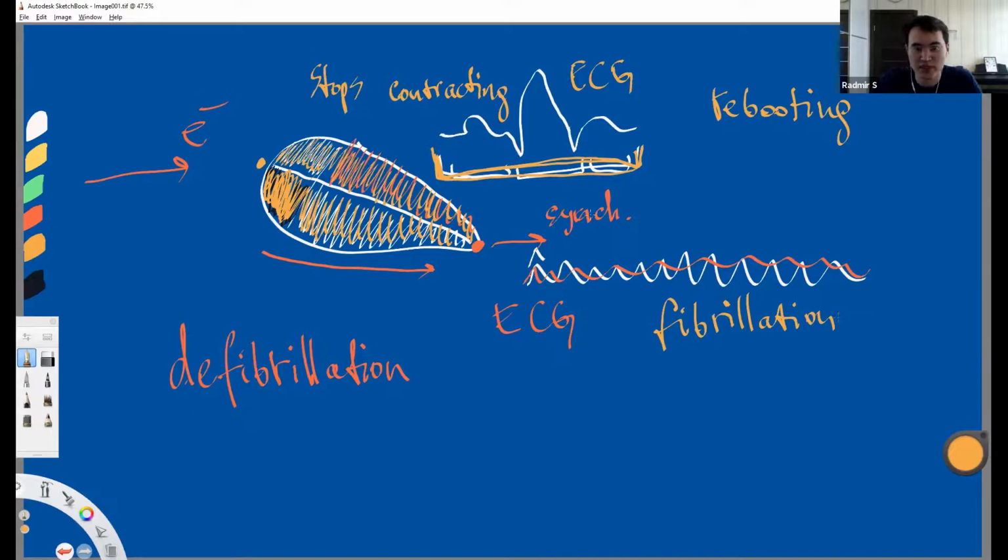But if we still see the fibrillation, we increase the power of electricity, give the same shock again, and look at the ECG. So we monitor the picture of the ECG.